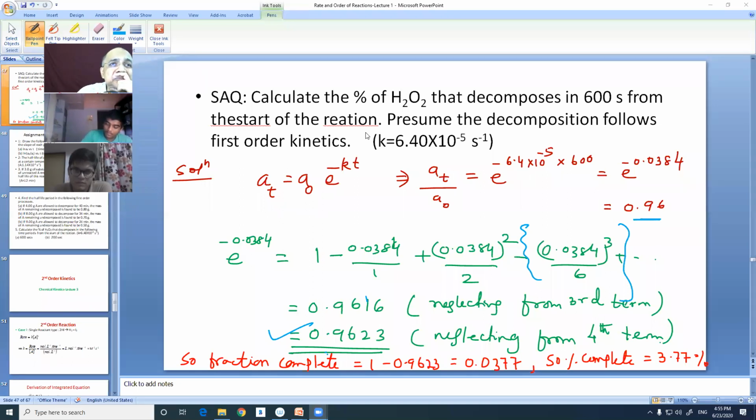So it's not easy. You would have taken a log again, and if you take log, then there is no point. You could have also taken the log form of the original integrated equation, log A0 by At, then inverted to At by A0. You would have done the same thing. But this method is more handy.